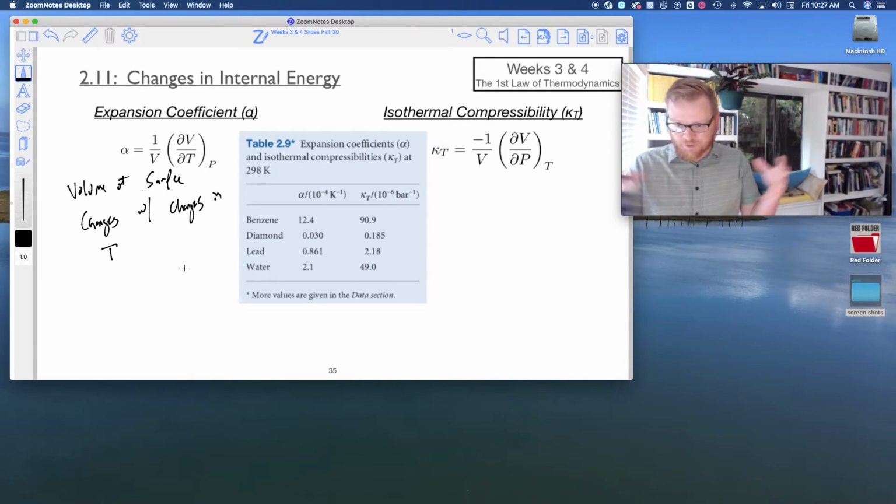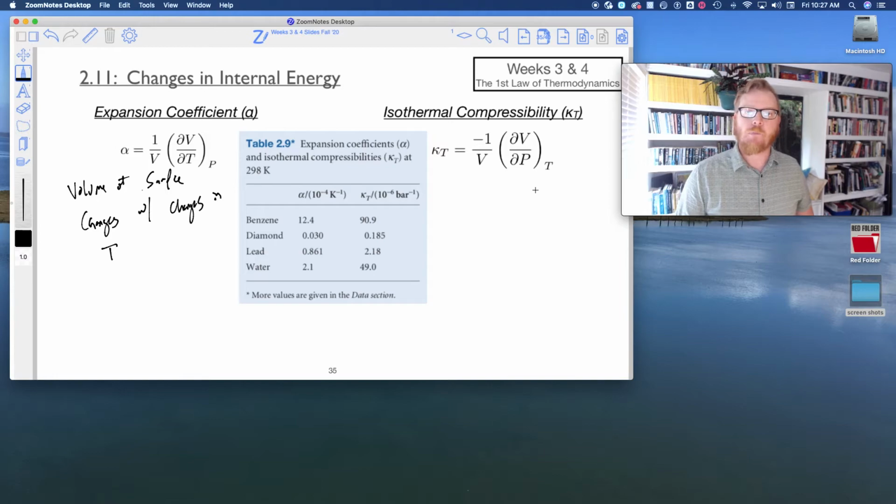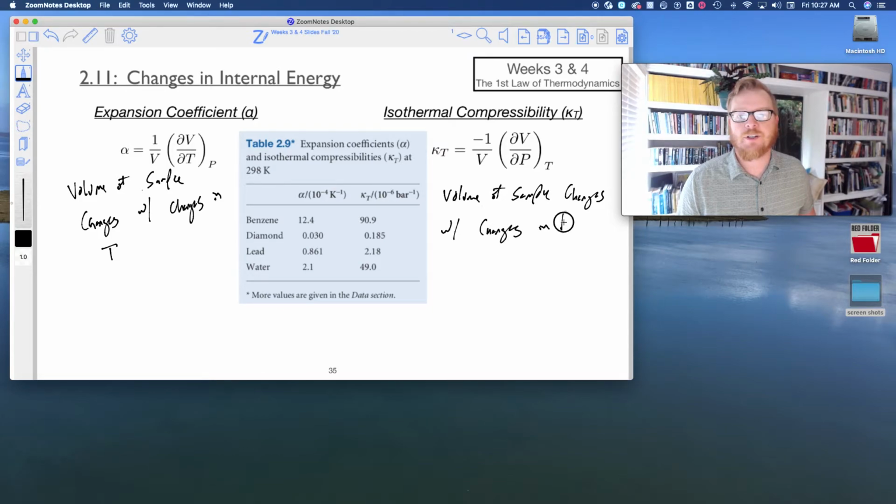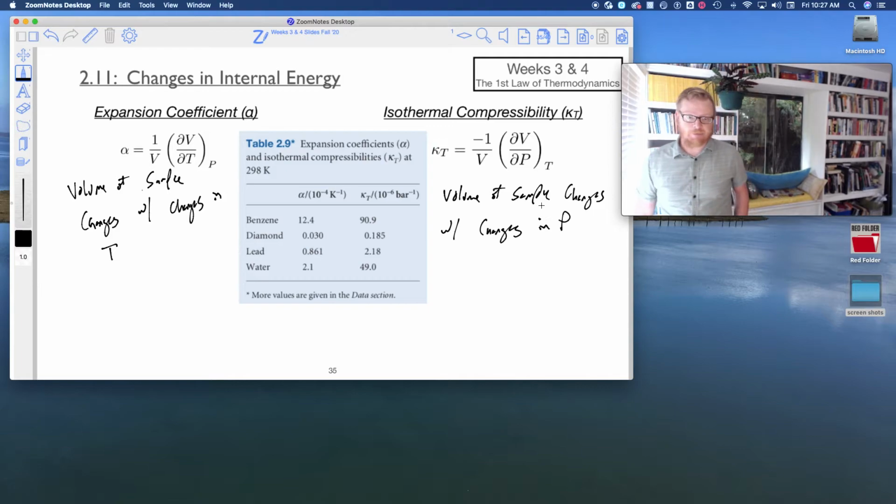As we cool the material down, we think of it as compressing, okay? Similarly, we have this thing called the isothermal compressibility. And you notice now, this is looking at how the volume of the sample changes with respect to changes in pressure. So volume of sample changes with changes in P, okay?